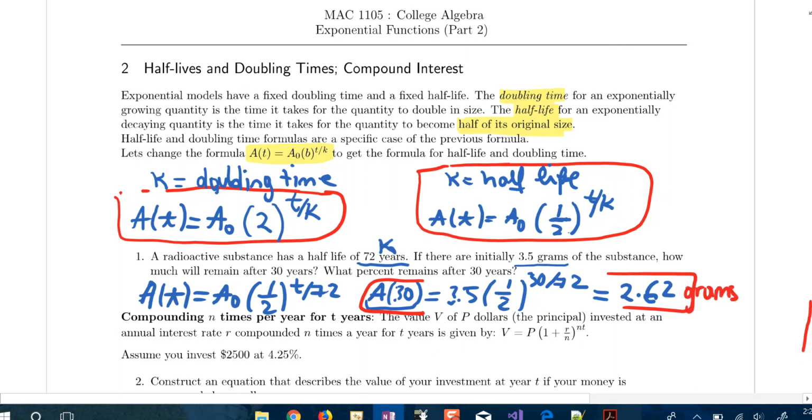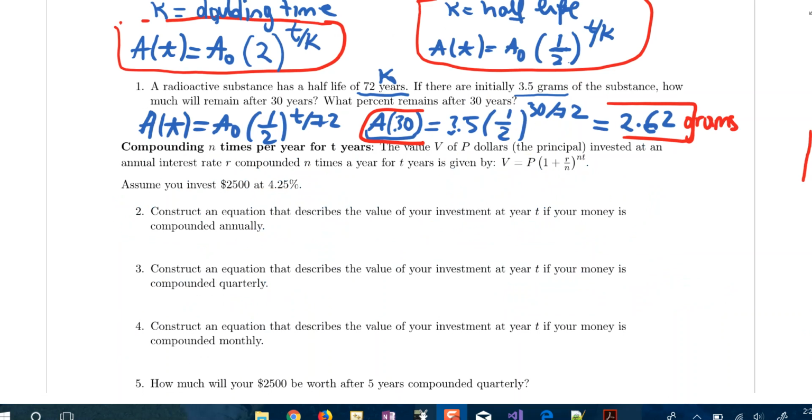Make sure you get a number that is less than 3.5, because you start with 3.5 and it decays. So if you're dealing with doubling time or half-life, that's just a specific case where b is 2 or 1/2, and k represents either the doubling time or the half-life. You'll practice more in the homework with these types of problems.